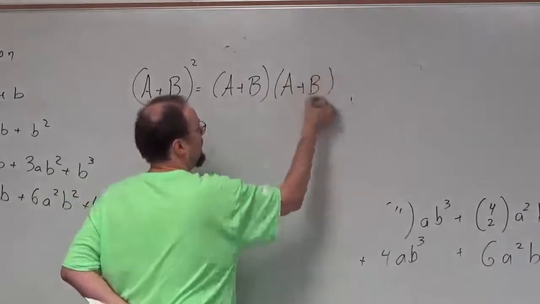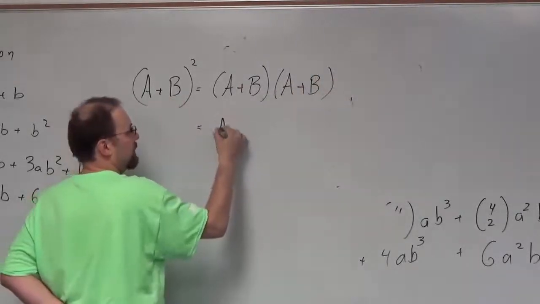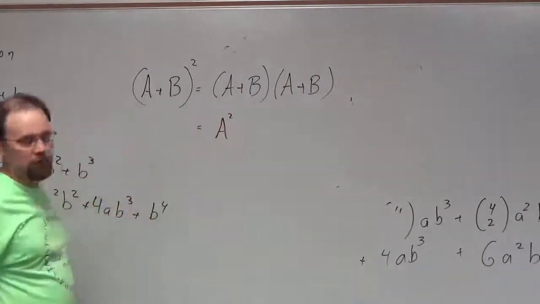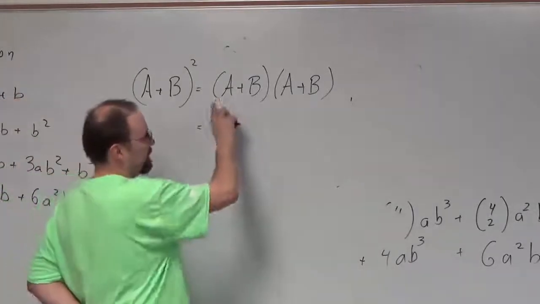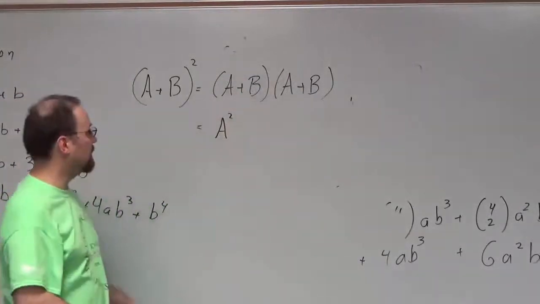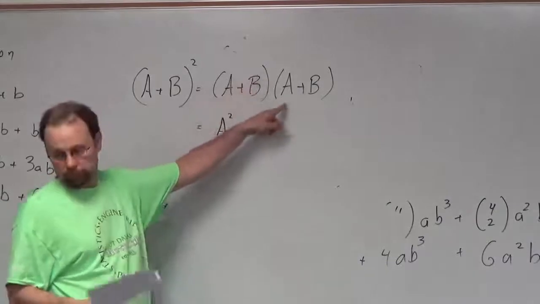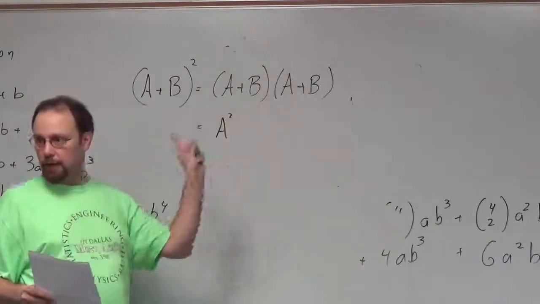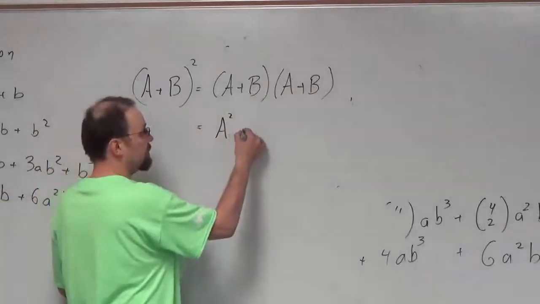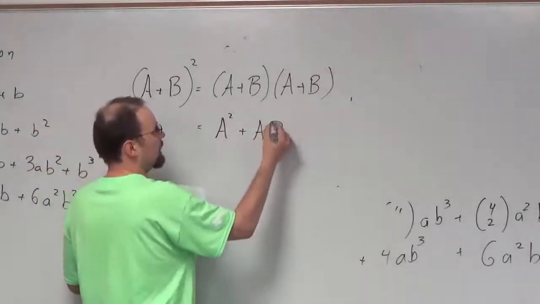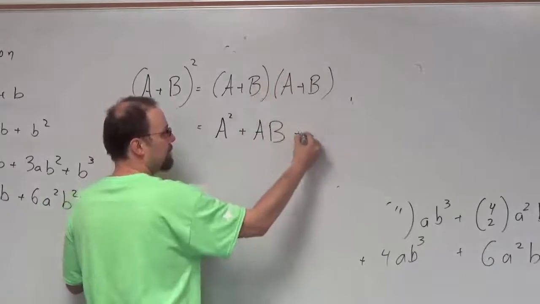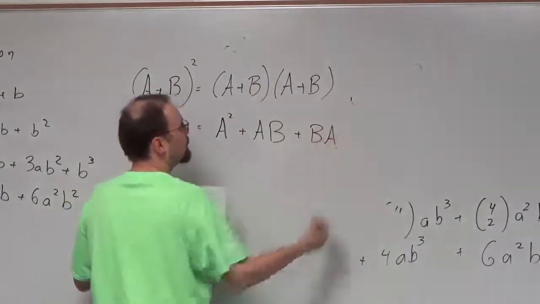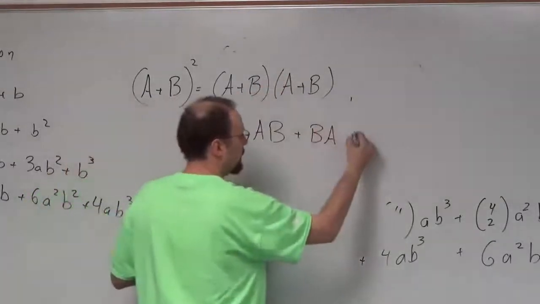When you multiply this out, since matrix multiplication is not commutative, you'd have to keep the order of multiplication correct. So you would have A times A, then A times B in that order, A multiplying B from the left, then B times A, and then B times B.